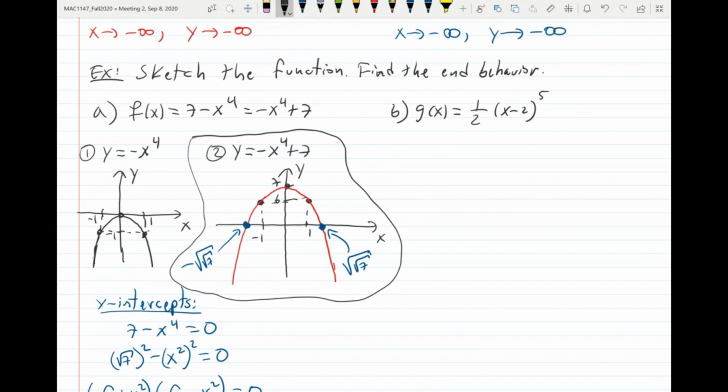All right, good. By the way, there is another way of writing the square root of the square root of 7. You can also write that as the fourth root of 7, and this one would be minus the fourth root of 7.